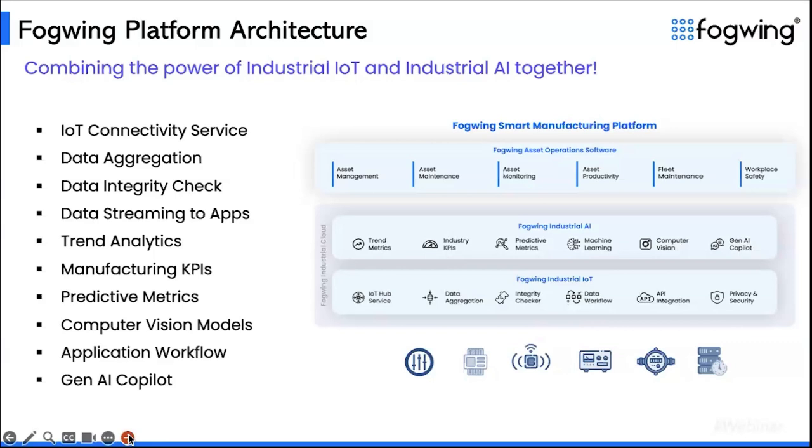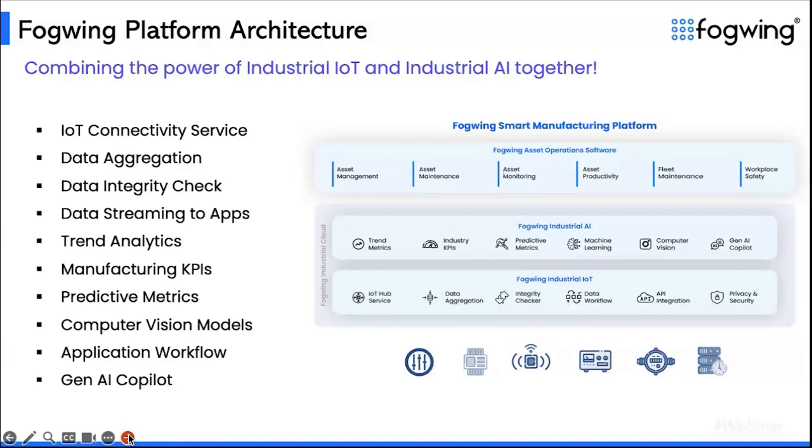The core services that we have created within the platform are IoT connectivity services, data aggregation, data integrity checks, validating the data, data streaming to the applications, and trending of the data to understand energy monitoring and similar use cases. There are also manufacturing KPIs like OEE metrics, cycle time metrics, and downtime metrics, and predictive metrics for predictive maintenance or predictive machine production forecasting.